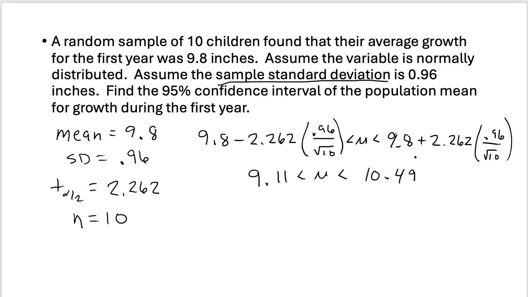Okay, and again, we would want to write a sentence, and we would start it the same way. I am 95% sure that the average, and then ask yourself, what is it that you are doing an average of what? It says average growth.